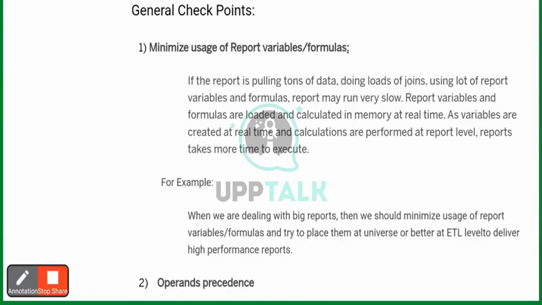But in some situations, reports consist of many key figures with huge calculations. Performing those calculations at report level will load the server much, so we have to try to minimize that.